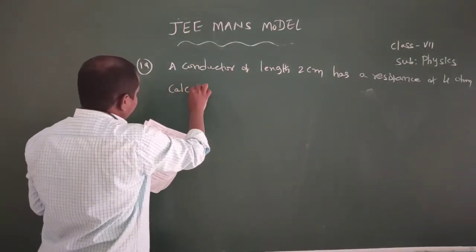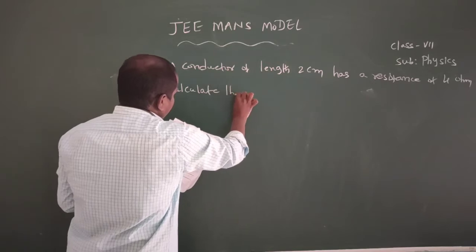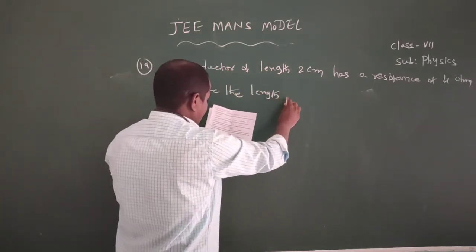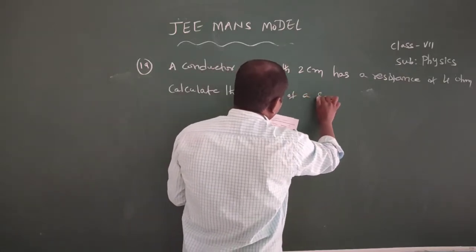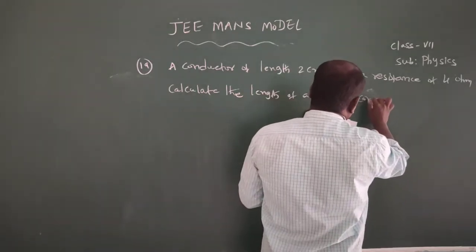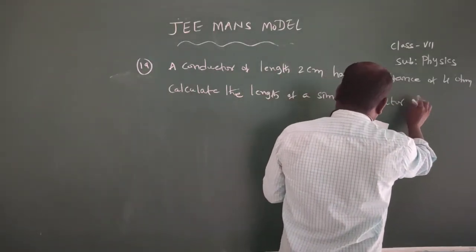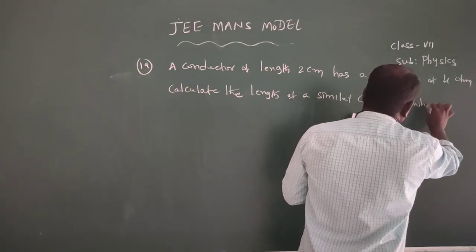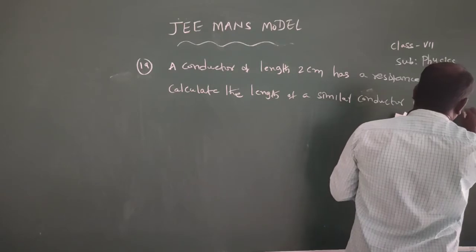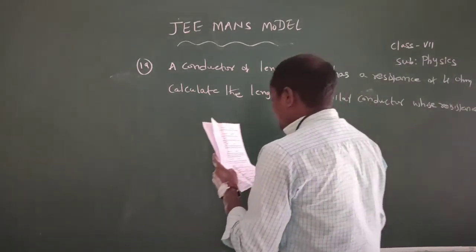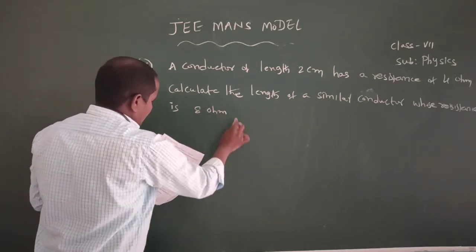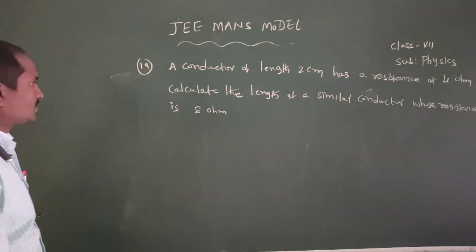Calculate the length of a similar conductor whose resistance is 8 ohm.